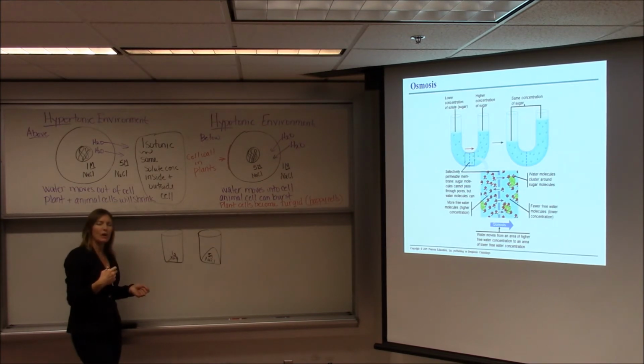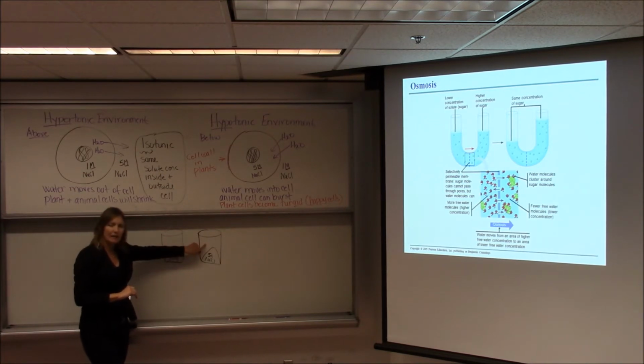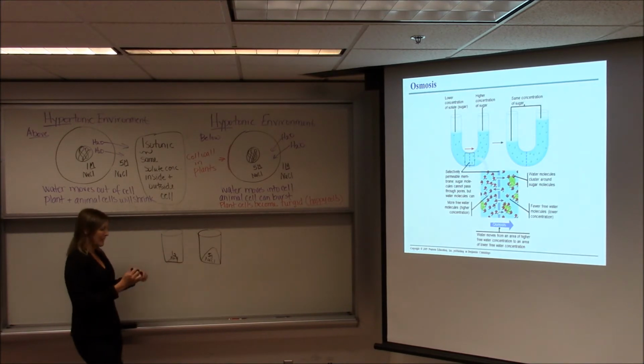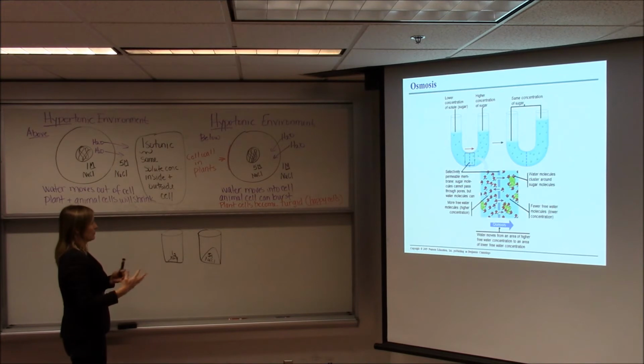I want some salt water, and I want them to be the same saltiness. Which one would you have to add more water to get it to be the same saltiness? You would have to add probably 5 times as much water to this one to get it the same saltiness. So that's what we're referring to with this water movement. Osmosis.